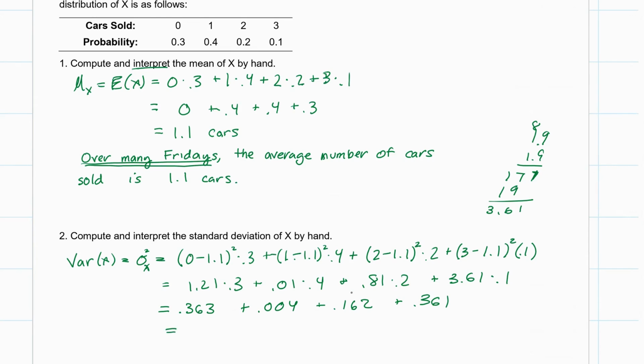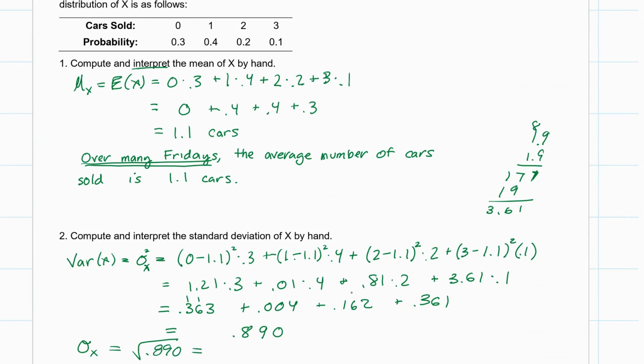And if I add these up, let's see, 3 plus 4 is 7, plus 2 is 9, plus 1 is 10, carry the 1, 7, plus 6 is 13, plus another 6 is 19, carry the 1, 4, 5, 8. So I'm going to get 0.890 for the variance, but the standard deviation of x will be the square root of that number.